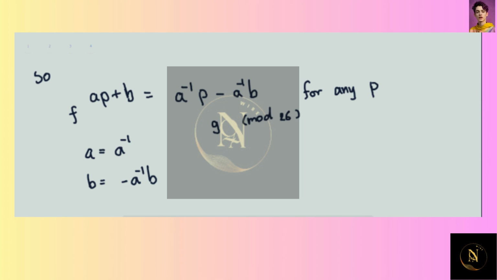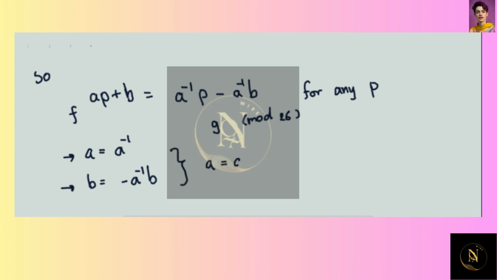The term with p gives us that a equals a inverse, and the term without p gives us that b equals minus a inverse times b.